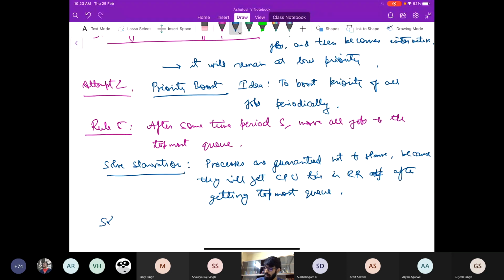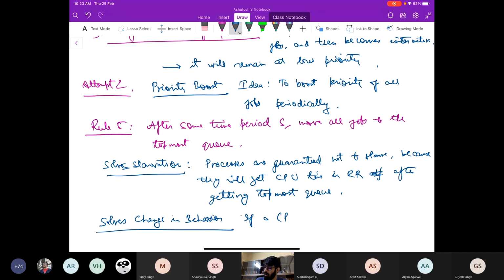And it also solves the change in behavior problem. How? If there is a CPU intensive process that now wants to become interactive, then it will be moved to the topmost level and now it can remain there if it has become interactive.